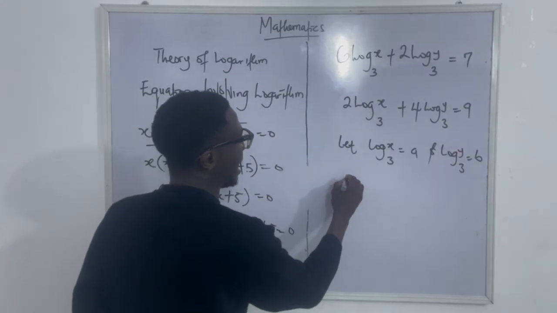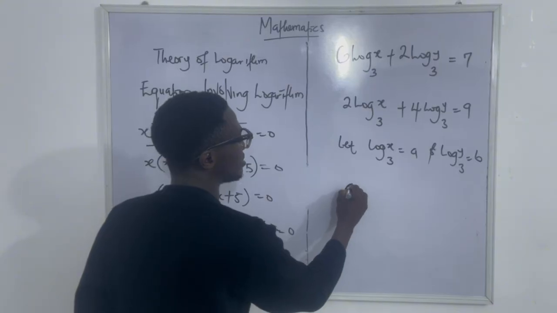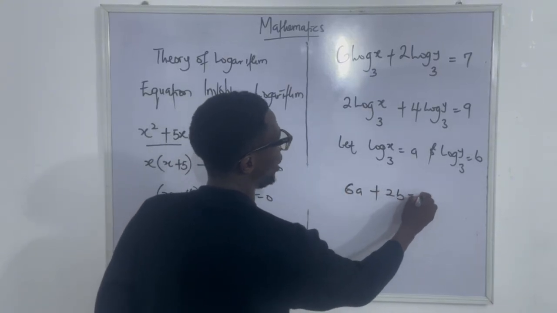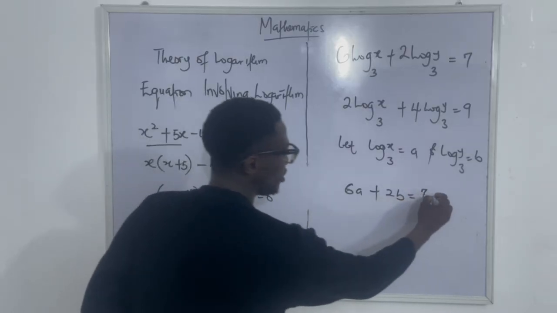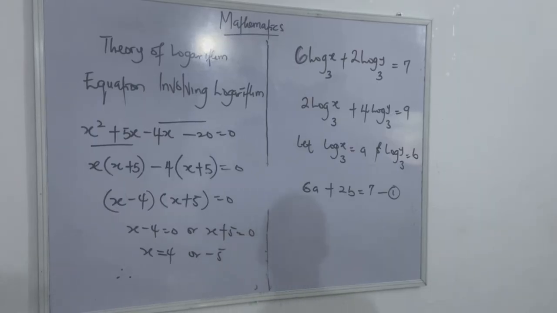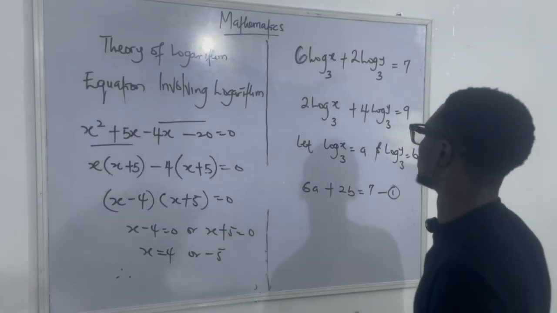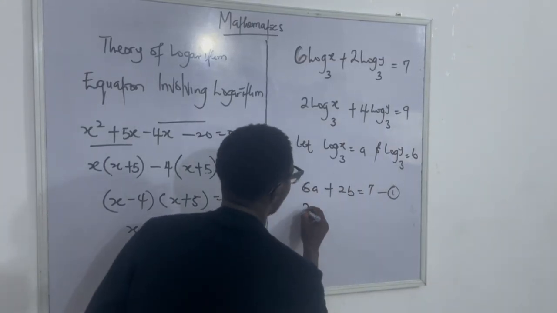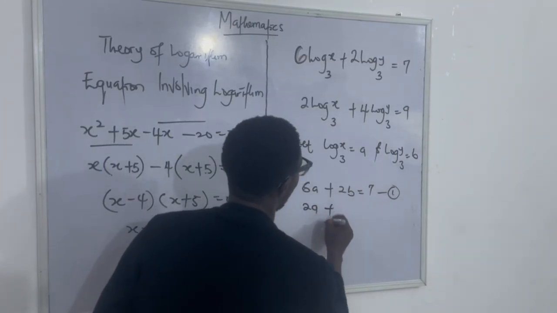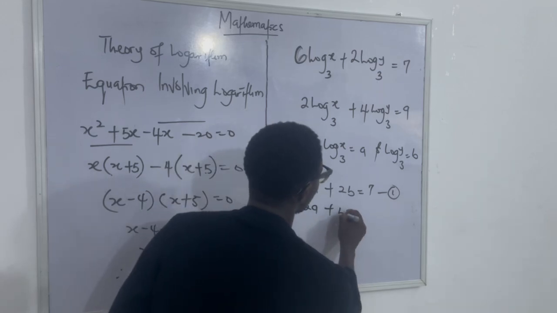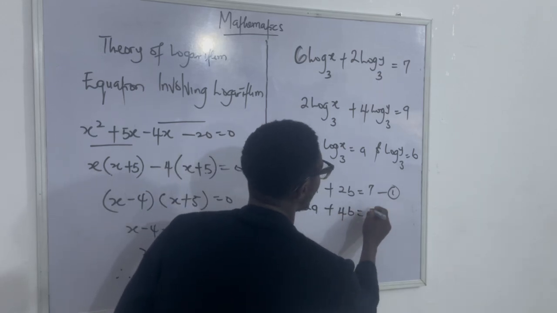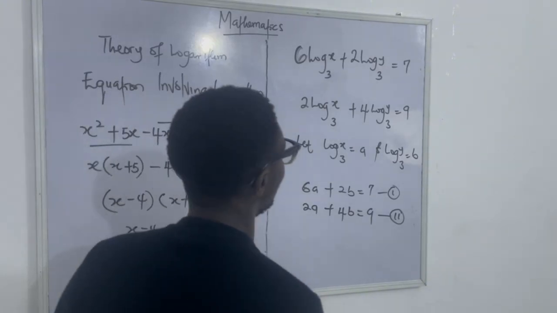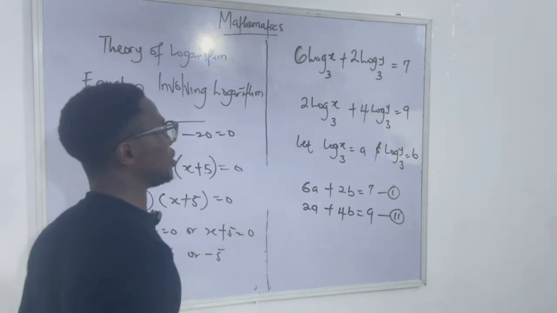Which means here I will just say 6a plus 2b equals 7. Equation 1. We've gotten the first equation. Then the second equation is 2a plus 4b equals 9. That's equation 2.